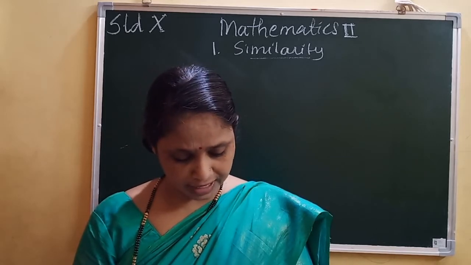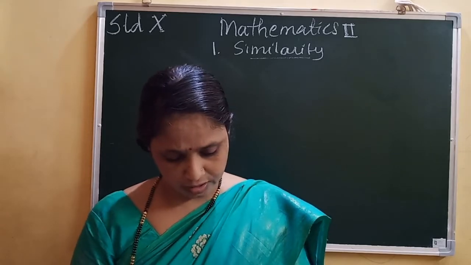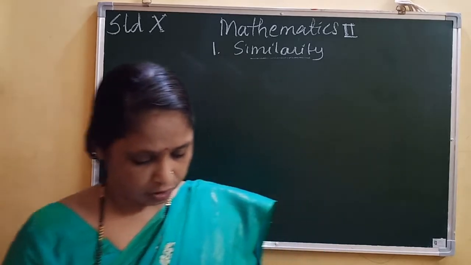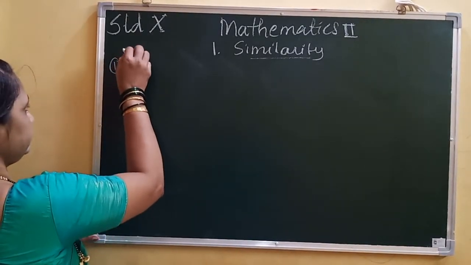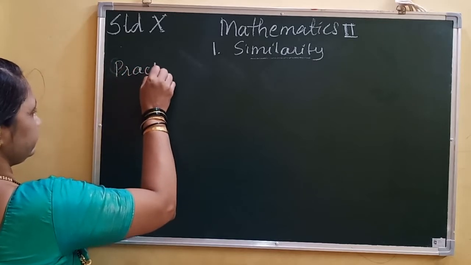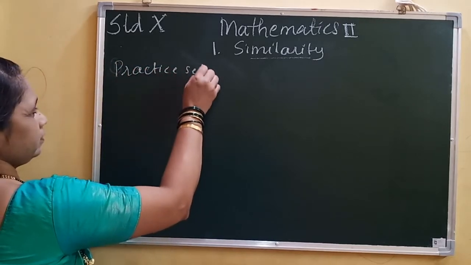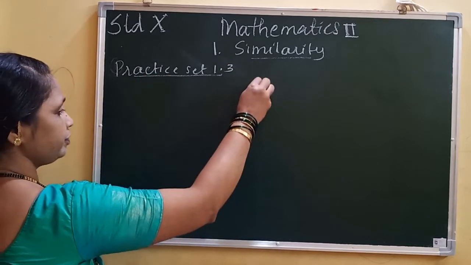Also write the similarity of these two triangles by proper one-to-one correspondence. Okay. Now by proper correspondence we have to write. Now first one, practice set. Now the figure is given.